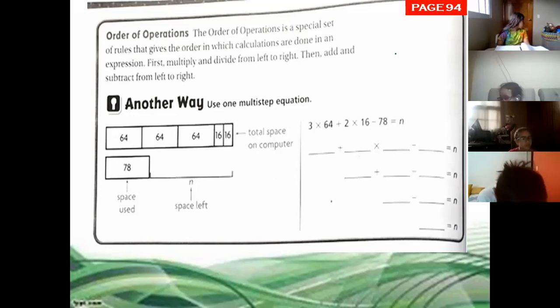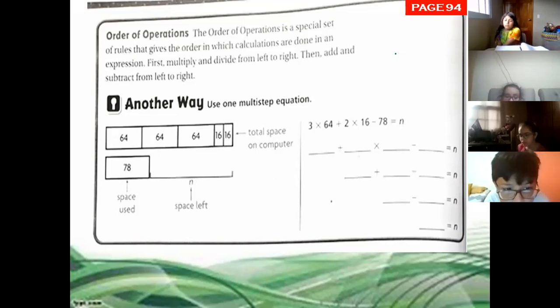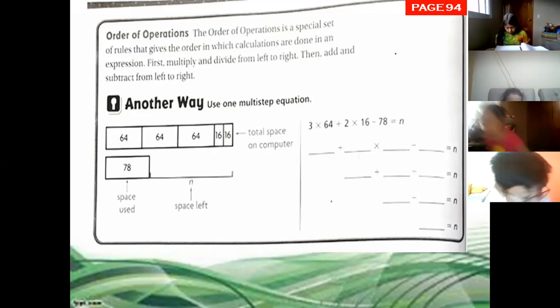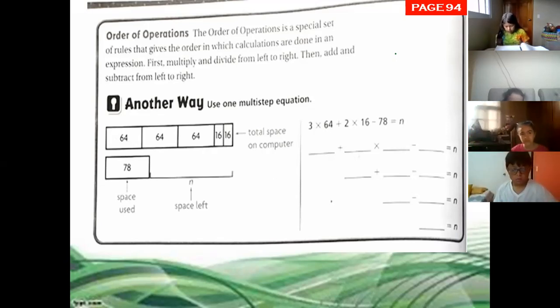Okay, it means that we need to write in order. That's why it's so important that we write in order. You have already learned a little bit how to use the order of operations in one topic in the second partial, I think, if I am not wrong. But here they are giving you an order, like we can use one multi-step equation.